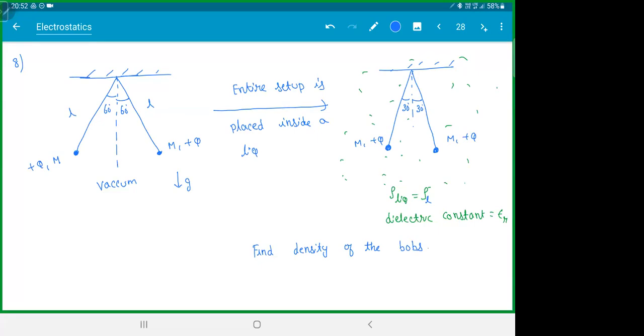How to do this? First of all, why did the angles change? Anyone didn't get the question? Please ask me. Question is clear. Go ahead, you've got 2 minutes.